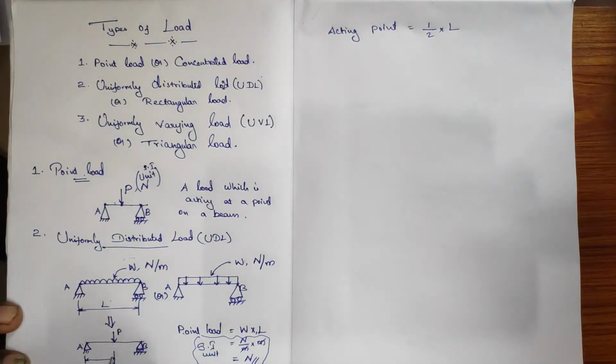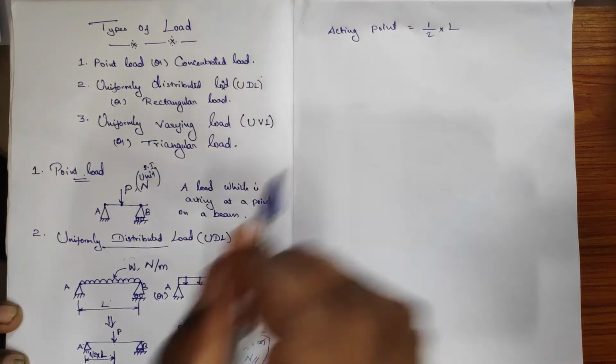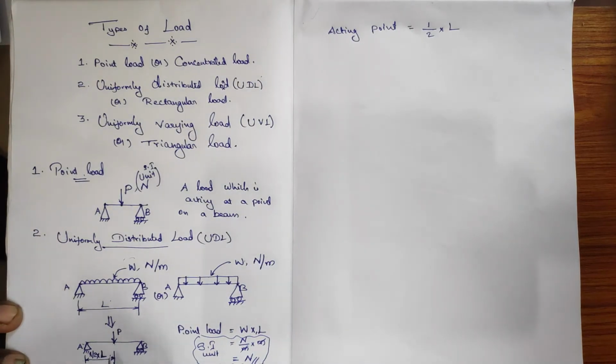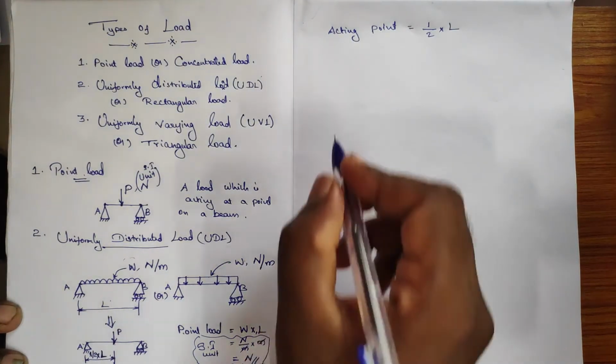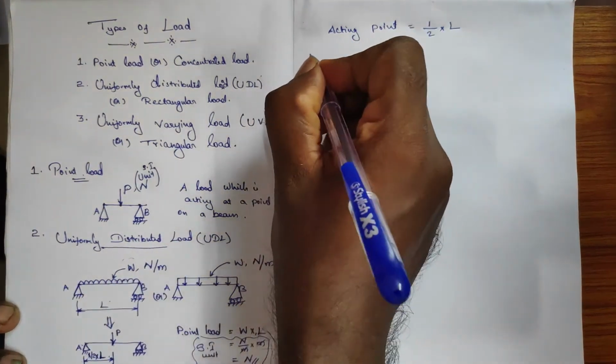Whether you measure from the B end or from the A end, it will be 1 by 2 of its length. That means it acts at the mid of the beam, which is the acting point for the uniformly distributed load.